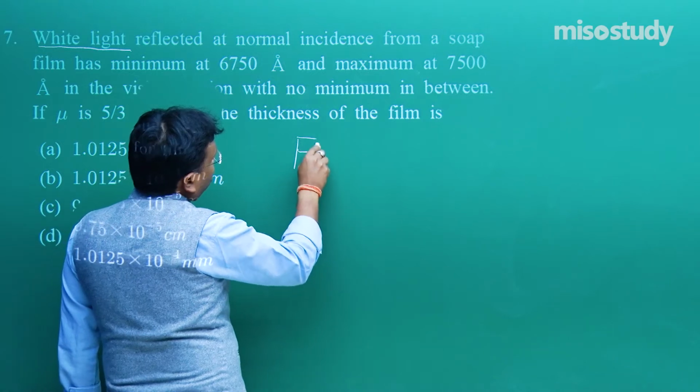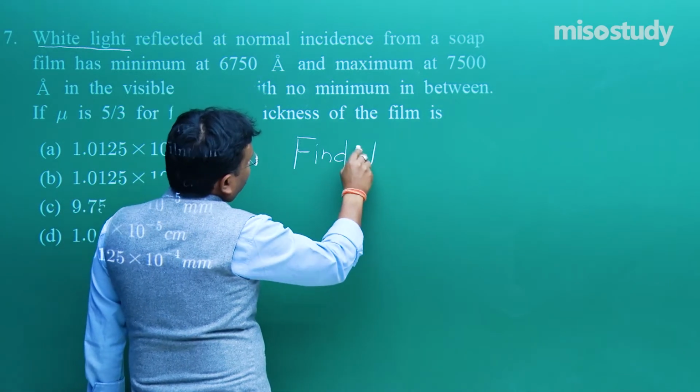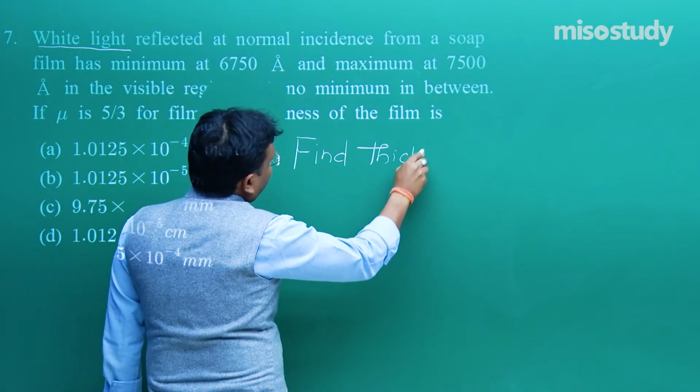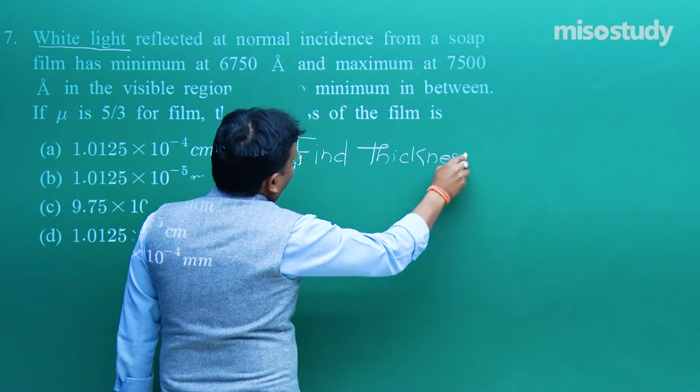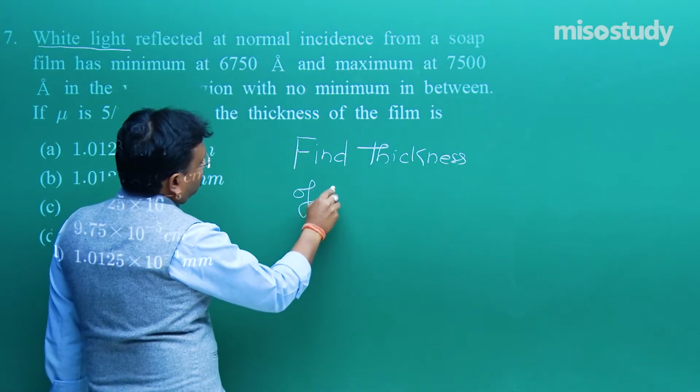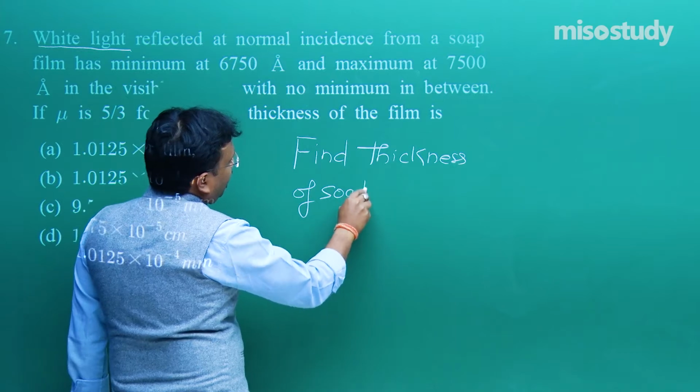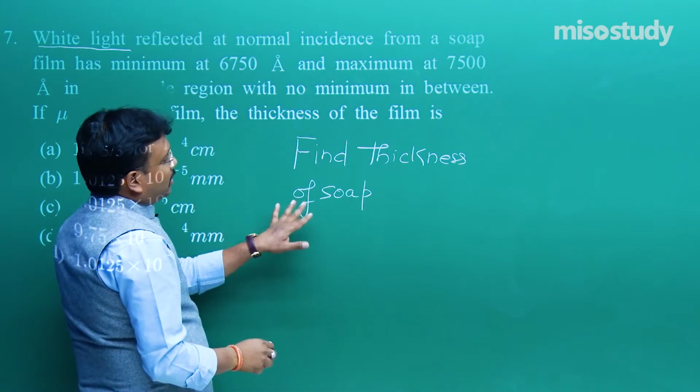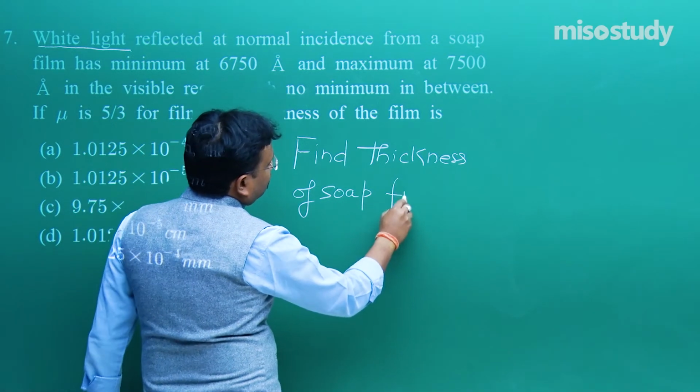So, the question is, find the thickness of the soap film for this interference. Do not worry, I will move out.